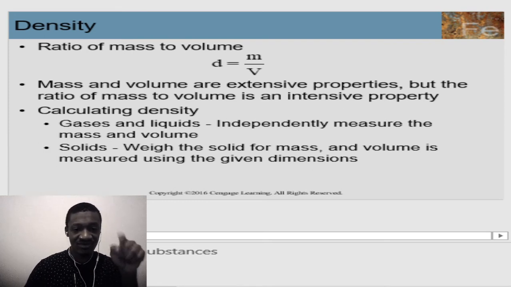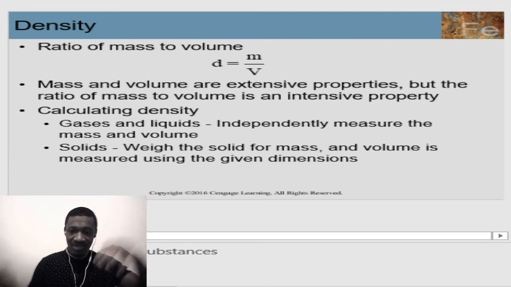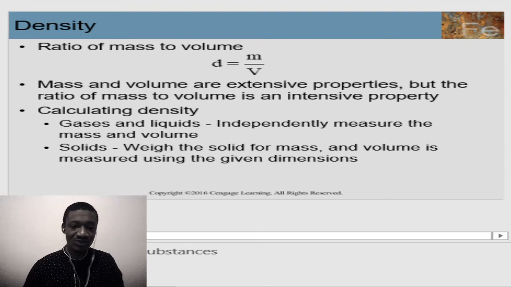So mass and volume are the extensive properties, as we said earlier, but the ratio of mass to volume is an intensive property. And that ratio of mass to volume is basically density.